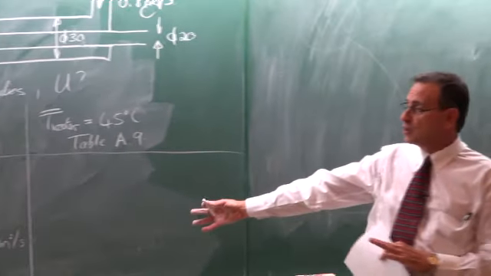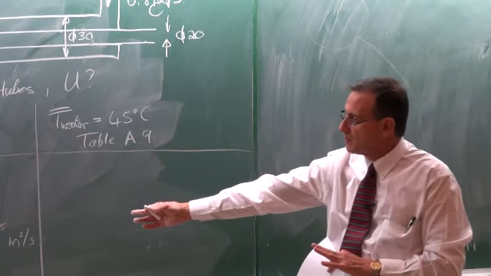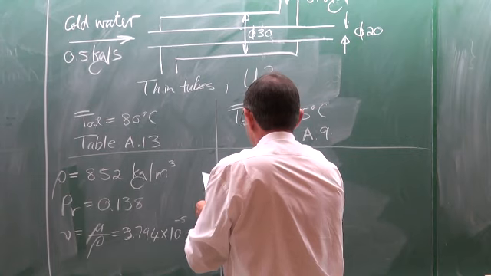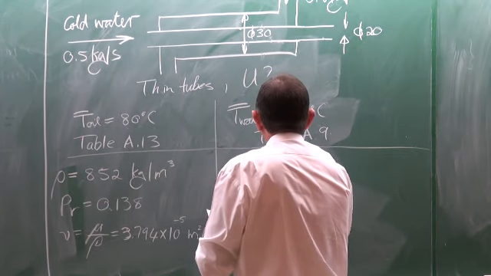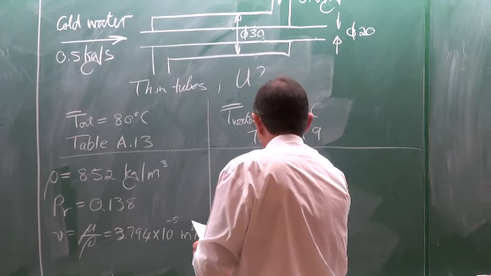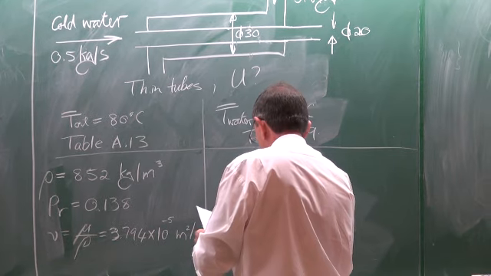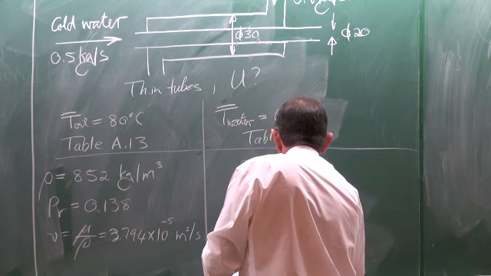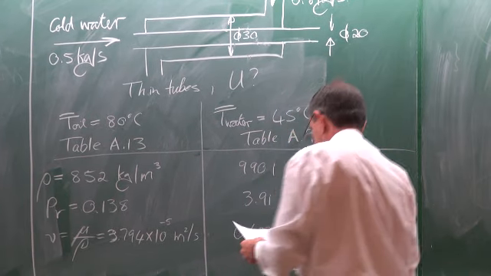And the same values, the density, the Prandtl number, and the viscosity, for the oil are 990.1, 3.91, and 0.602 multiplied by 10 to the minus 6.